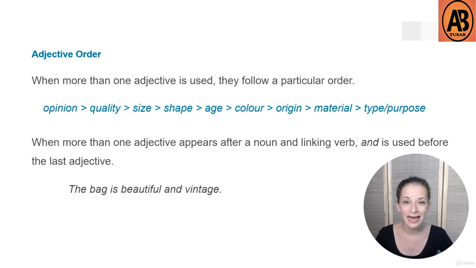We need to use and before that last adjective, vintage. Here's the example with three adjectives. The car we drove was horrible, old, and grey. So once again, we have used the word and before that final adjective.